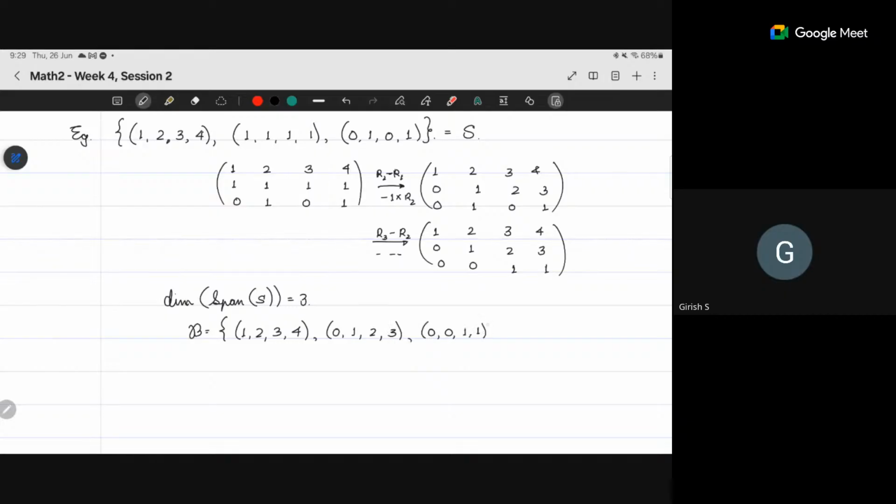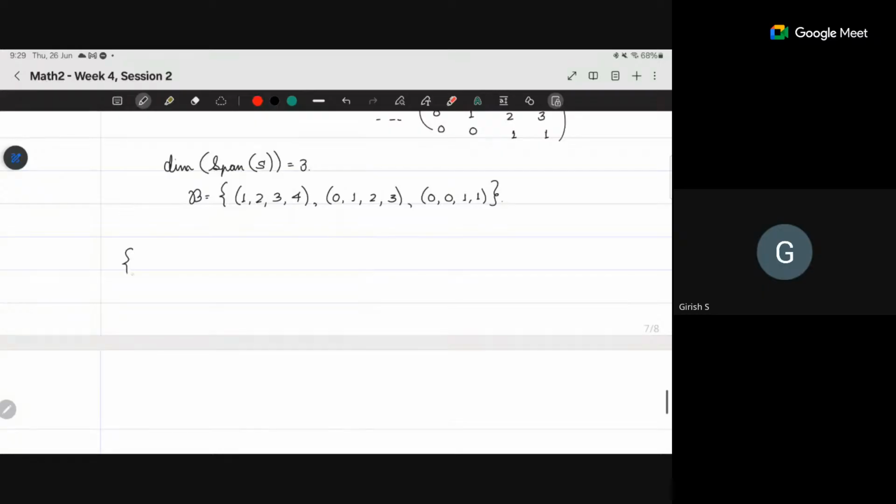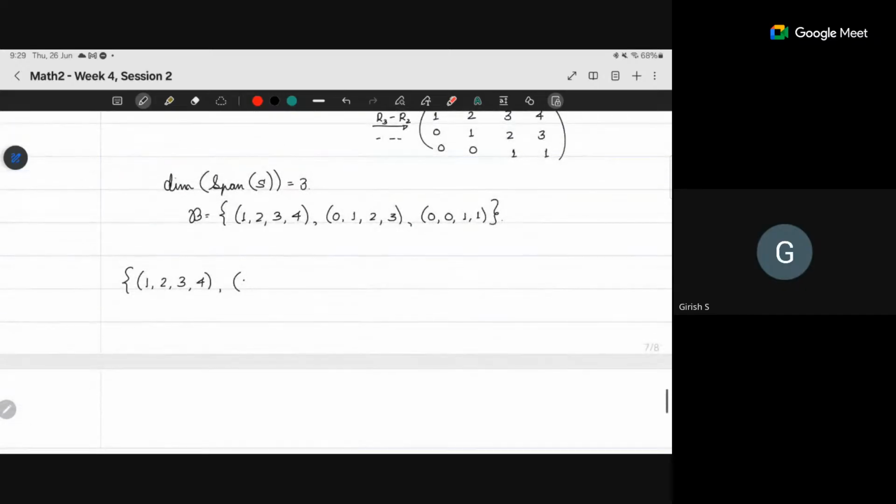It says that this is also a basis for S. Now, if I take that other example that I was briefly mentioning, like 1, 2, 3, 4, what was it? 1, 1, 1, 1, and 0, 1, 2, 3.